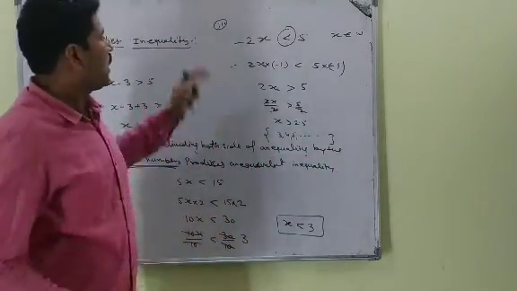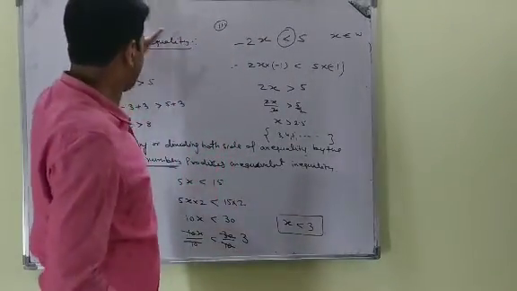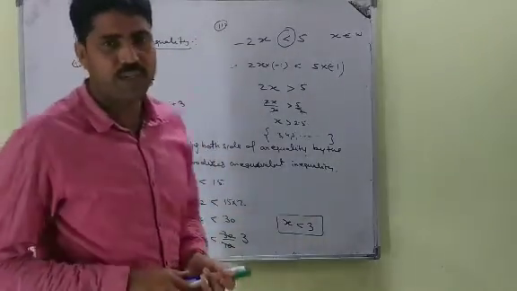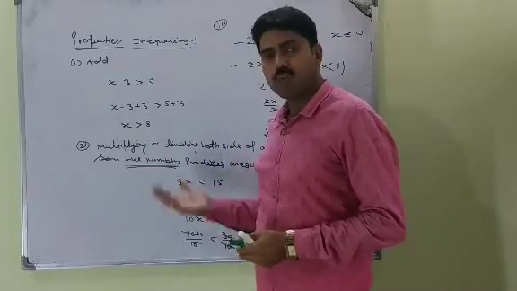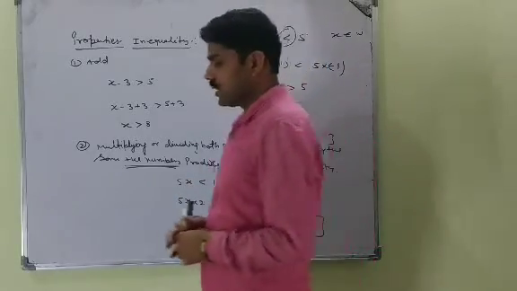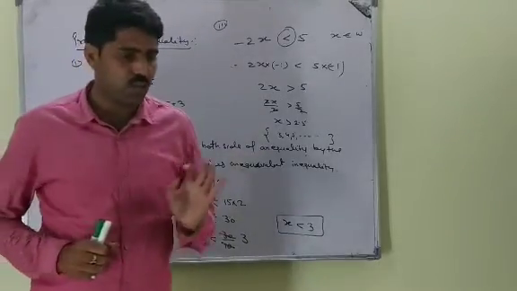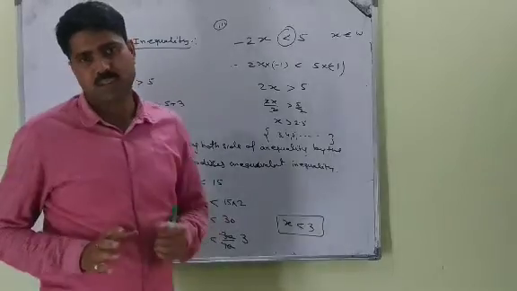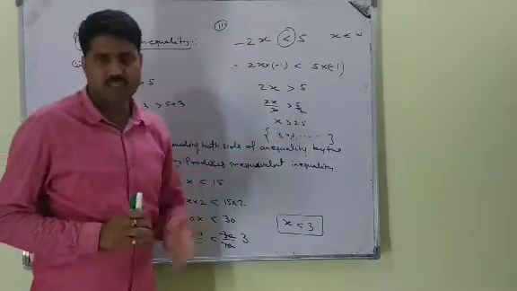How to find the solution using the properties or the postulate or the rule of the inequality. These rules will help you when you solve your exercise problems. And one thing I am telling you, 2 questions, one of 3 marks or 4 marks, generally come in your examination.